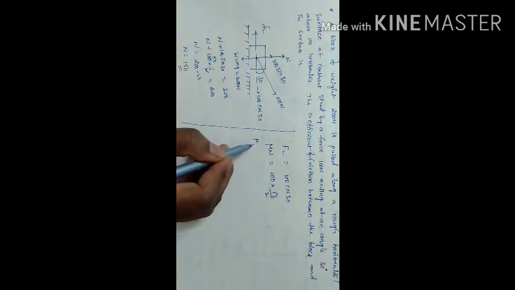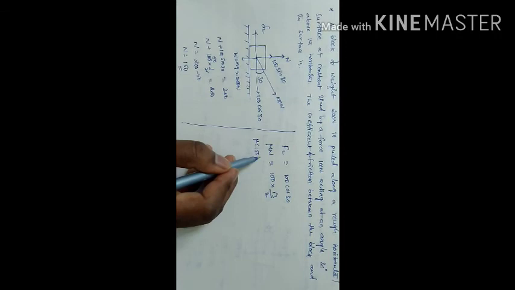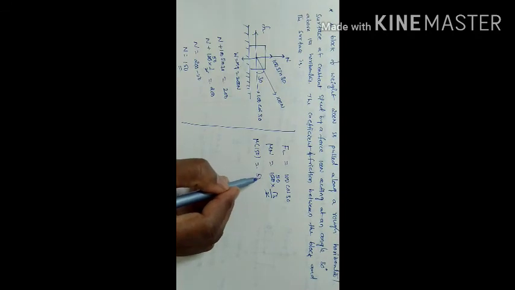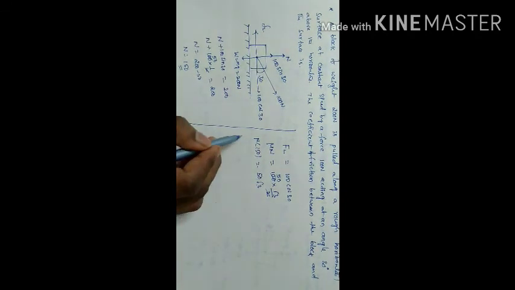Now already we have the N value. Mu into N means 150, that is equal to 2 into 2, 50s. Now here 50 root 3. Now mu equals 50 root 3 by 150. 50 ones are 50, 3s. Now here mu equals root 3 by 3.